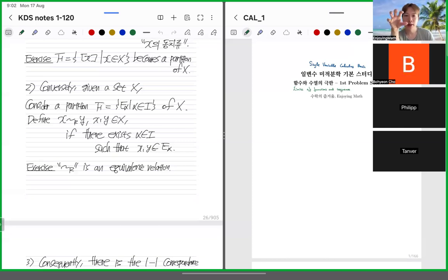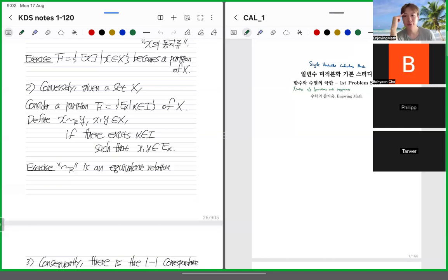If we have an indexed set E alpha and the pair x, y is in E alpha, then it forms an equivalence relation. I was a bit confused about understanding the setting precisely, but now I get the idea. So what we have to do is show that this relation has reflexivity, symmetry, and transitivity, right?